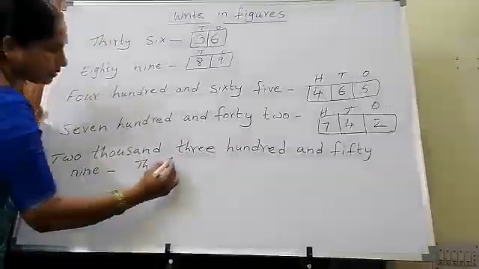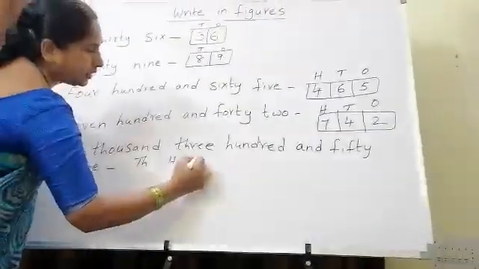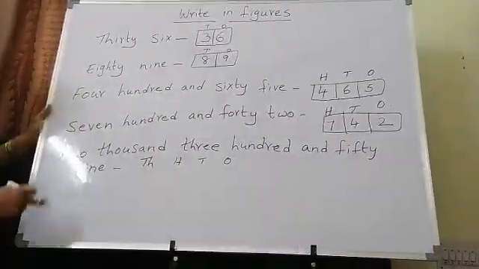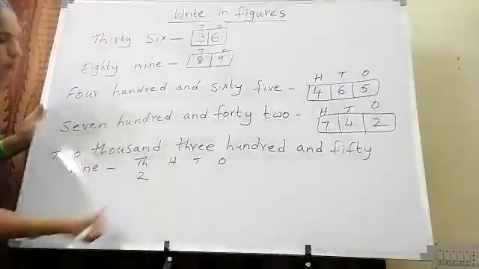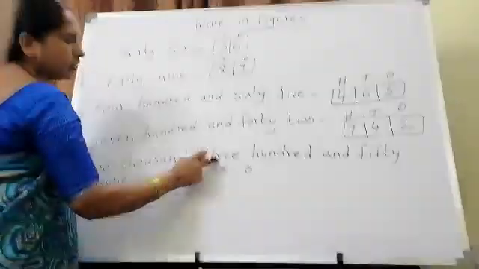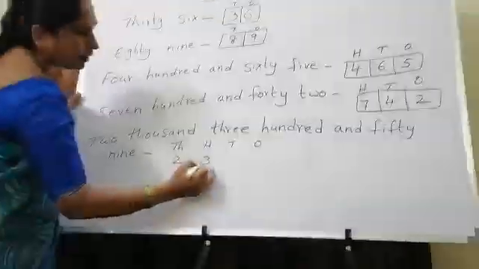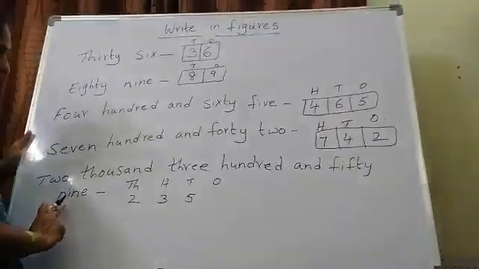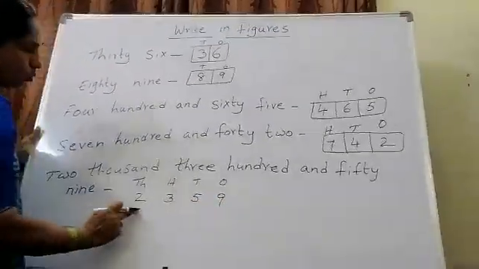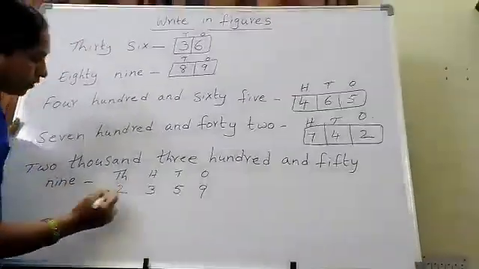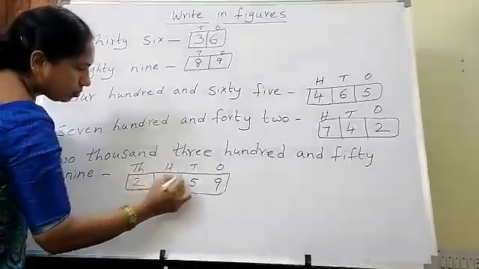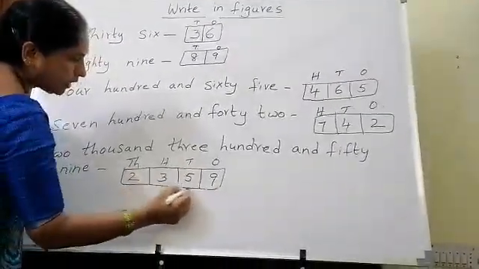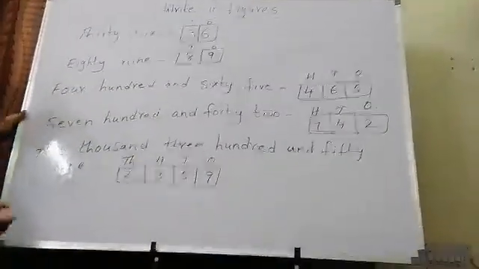TH means thousands, H hundreds, T tens and O ones. Which number is in thousands place? 2. So write 2 in thousands place. And in hundreds place, which number is there? 3, 300. And 50, 5 tens, 50. And ones place 9. 2359. Here I am not having boxes. In your book you have boxes, so please write each number in one box.